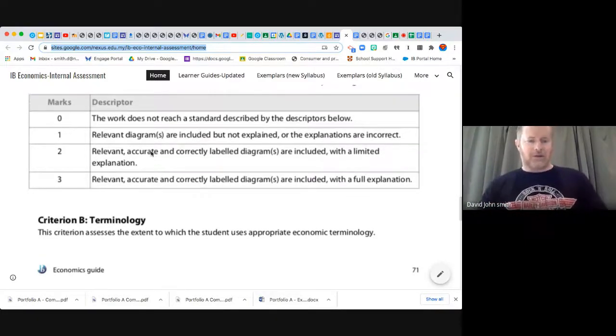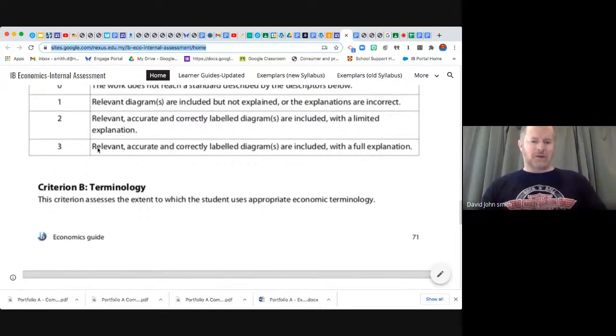So for diagrams, what I tend to say is you're always going to look at the top end of the mark band. Your diagrams need to be relevant, so that's in all 3. If you start deciding to draw something that just doesn't make any sense to the model that you're describing, then you're not going to get anything there. Your diagrams need to be accurate to get to here, so there can be mistakes in here.